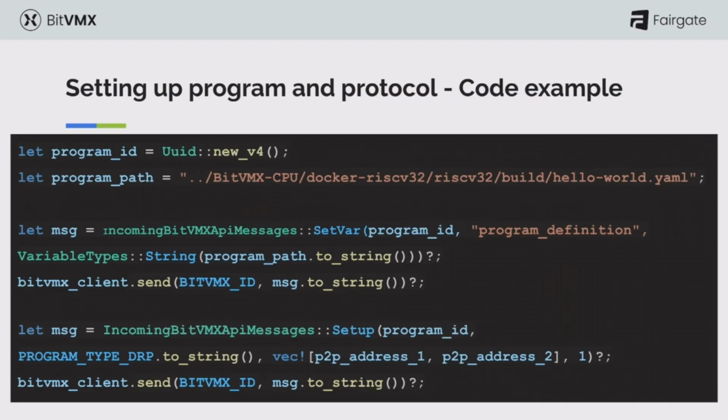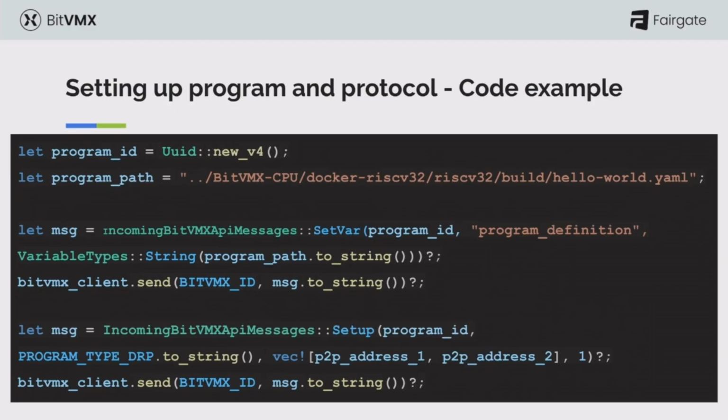The set var message that you're seeing here allows us to add inputs to the program and to the protocols. So when we're going to execute down here the setup, which is done with the setup message, we need to already have set all of the variables needed for the protocol or program inputs in order to be run.